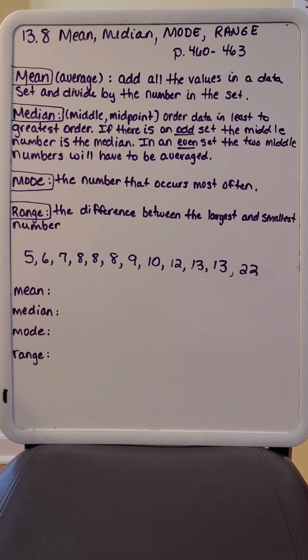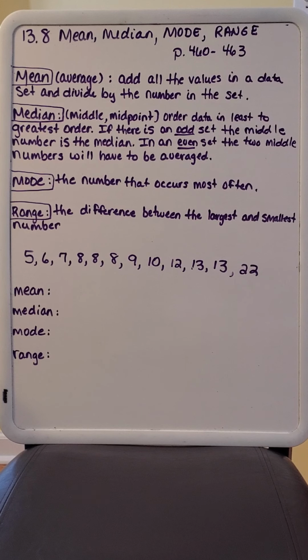And you're going to be doing mean, median, mode, and range. So I'm going to go through the definitions of these, should jog your memory, and then I'm going to use a data set to answer these four things at the bottom: mean, median, mode, and range.